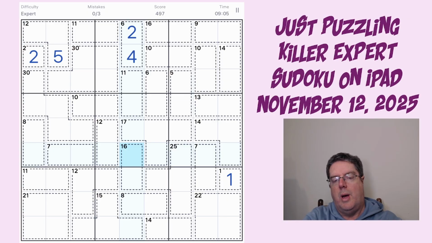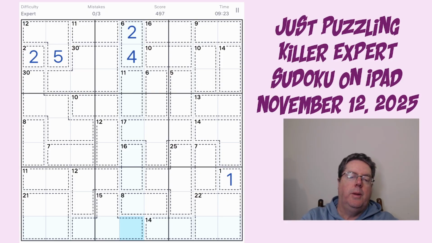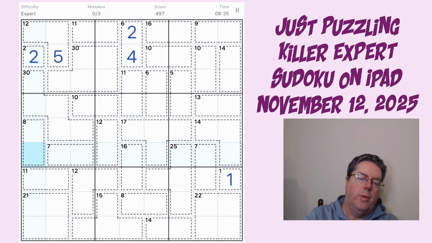So where's the 1? 1 can be here, here or here. So that can't be a, so that's 1 and 7 or 3 and 5.